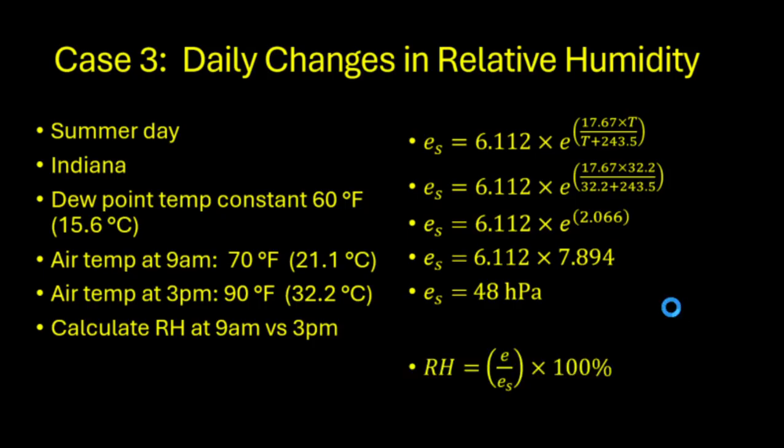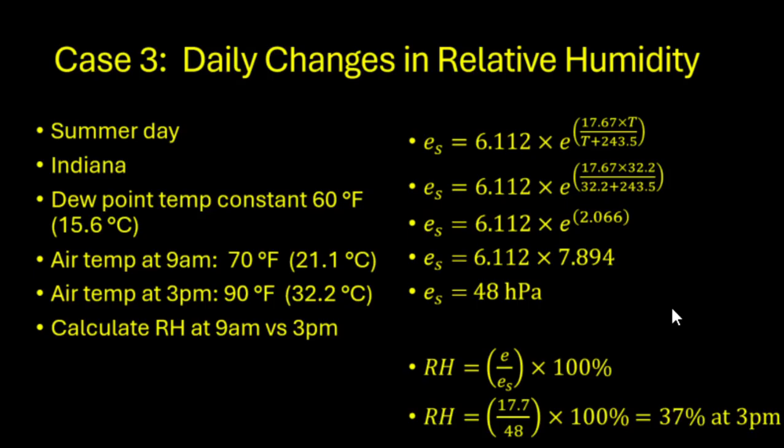So then our afternoon relative humidity, if we take that 17.7 and now divide 48 from it, we get a 37% relative humidity at 3 p.m. So essentially the moral of the story here is even with the same moisture, the relative humidity drops from 71% in the morning to 37% in the afternoon because warmer air can hold more vapor.